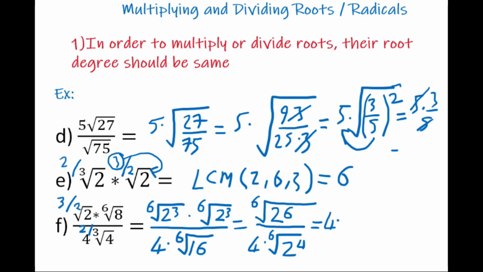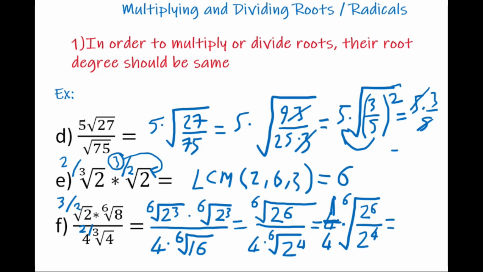So this is going to be equal to, now we have 4 times. I can put all the numbers which are inside the roots in a single root because they have the same root degree of 6. So in the numerator part, we have 2 to the power of 6 divided by 2 to the power of 4. But this 4 is, let me put it here, 1 divided by 4 because it's in the denominator. It's 1 divided by 4.